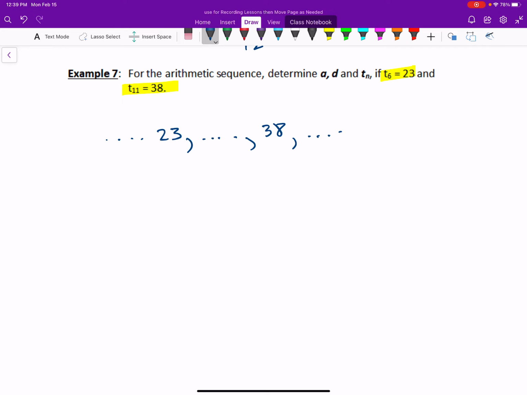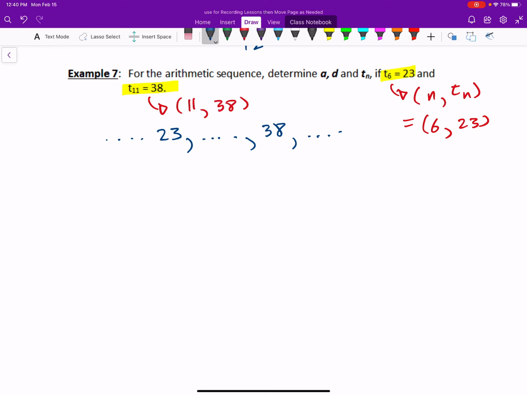I'm supposed to find out what the first term is and the common difference and the last term. Well, the easiest way to do it is sort of like thinking about it like it's a slope almost. If I think of this like an ordered pair, n and T sub n, then I'd have this ordered pair 6, 23, and I'd have another ordered pair 11, 38.